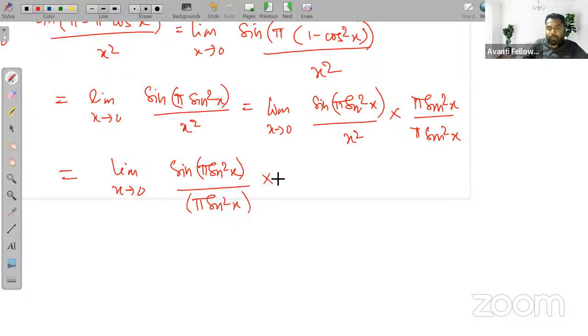Can I write this this way? If I rearrange this function, limit as x tends to 0 of sine of pi sin square x divided by pi sin square x, into pi into sin square x divided by x square. Can I write this?